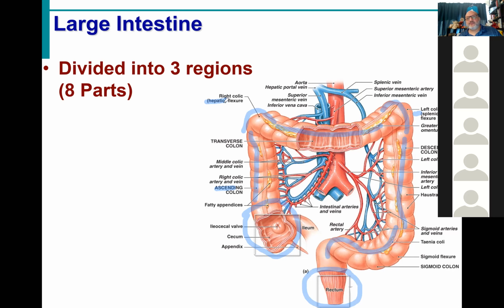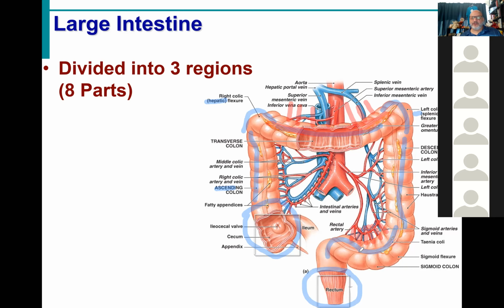Remember also, as we talked about, the transverse colon is intraperitoneal. So it has a little bit of mesentery that helps to anchor it in place. And what do we call that mesentery that anchors the transverse colon in place? Transverse. Amen. Transverse mesocolon. Excellent. Our sigmoid colon is also intraperitoneal, so has a little bit of serous membrane that anchors it in place.